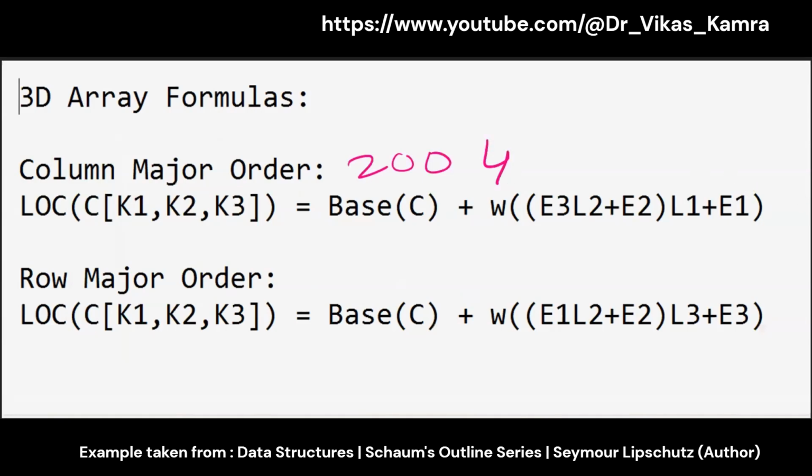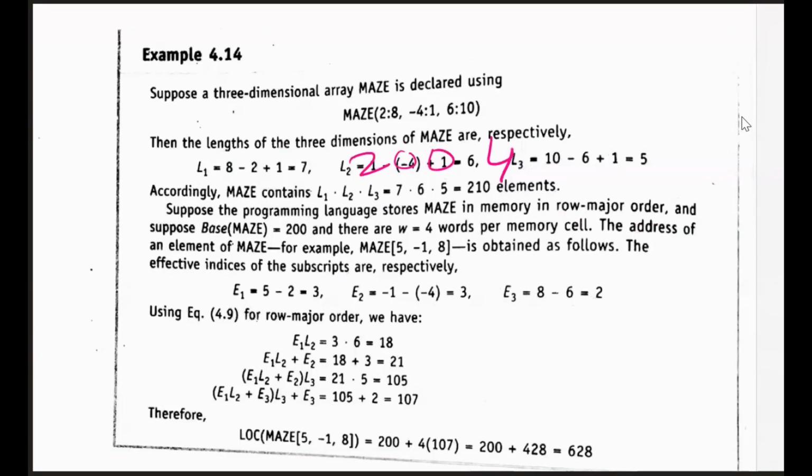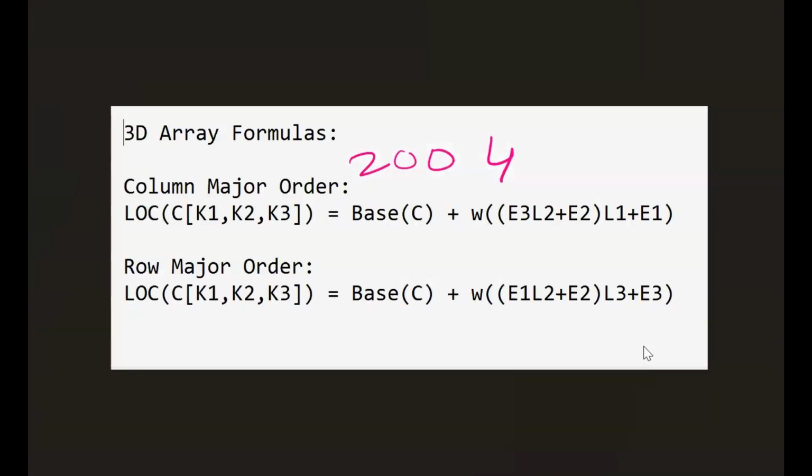Now we need to check the E3, L2, E2, L1 and E1 values. We'll go back to the previous slide and see the E1, E2, E3 and L1, L2 values. So E1, E2, E3 are 3, 3, 2, and L1, L2 are 7, 6. These are the values which we need to fill.